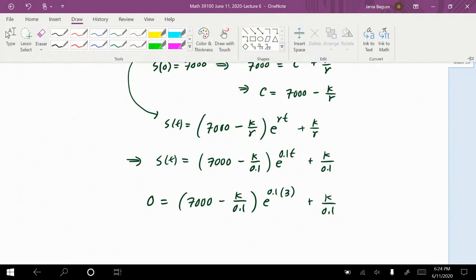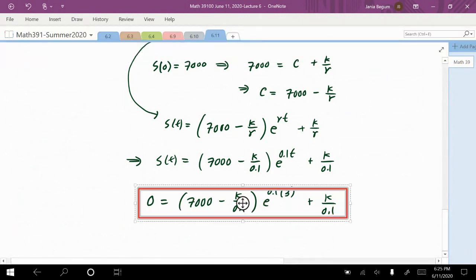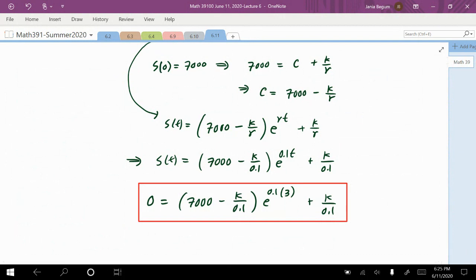So that will give us the k value when the balance will become 0 in 3 years' time. So any questions for this problem? So that's another scenario for compound interest. Okay.